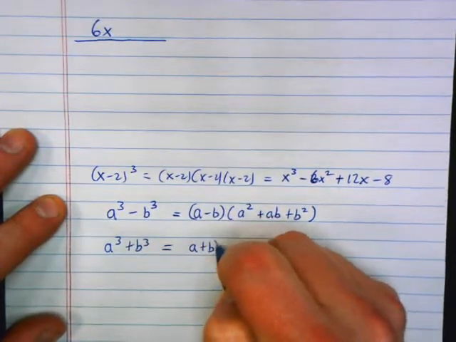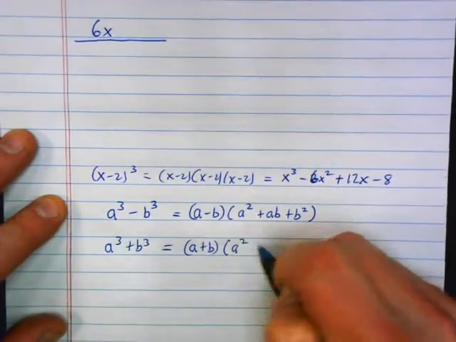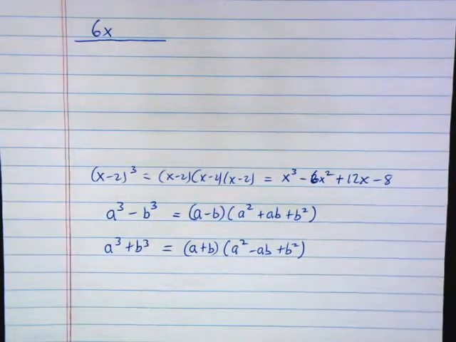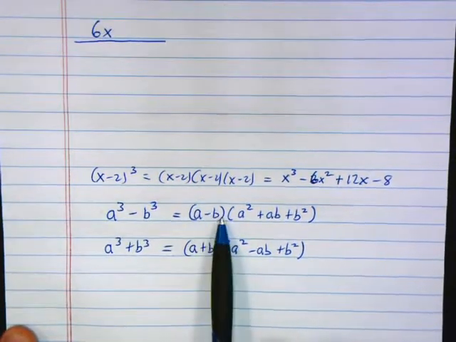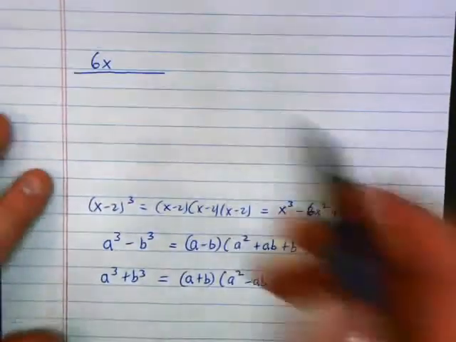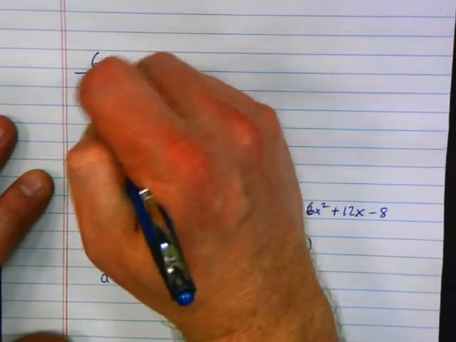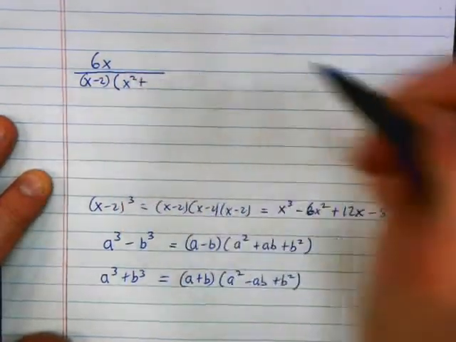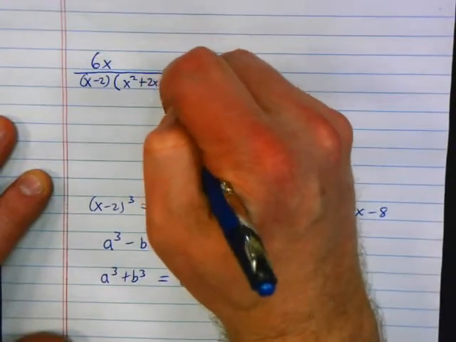That one's a plus b, a squared minus ab plus b squared. So we're going to use this formula where a is x and b is the number 2. So this is going to factor as x minus 2 times x squared plus 2x plus 4.